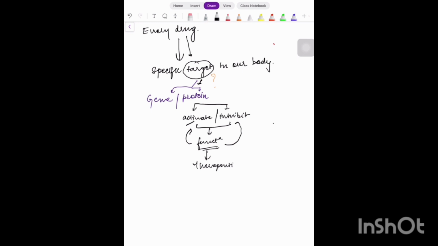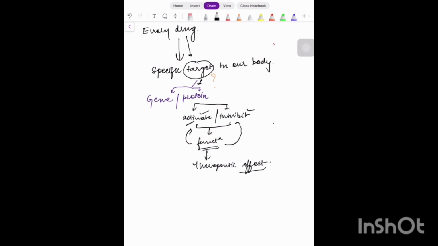Now there are more than 2 million proteins in our body, and we are familiar with the concept of only a few of them. That is something so amazing. How can one identify which protein stimulates or inhibits, and which of its functions get affected by that drug?